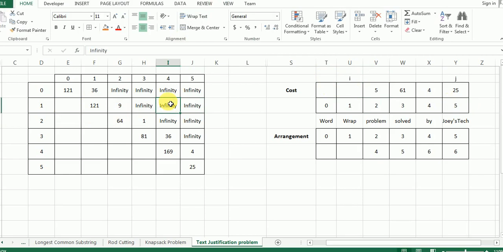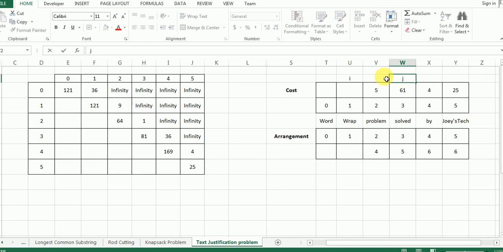Therefore, we will move J one step left over here. Now 1 to 4, the split at 4 is also not possible because 1 to 3, the value is infinity. That means from wrap to solved, we cannot place in one line. So J moves one step left.